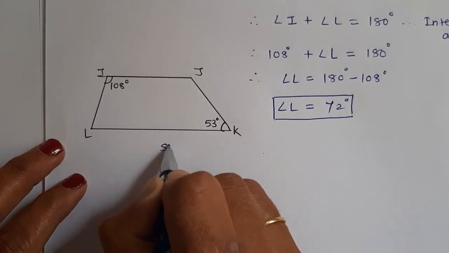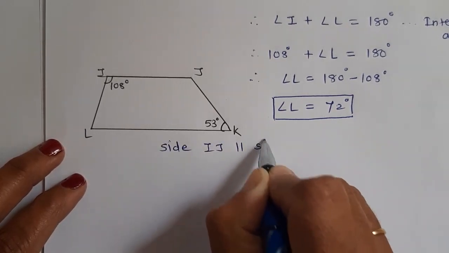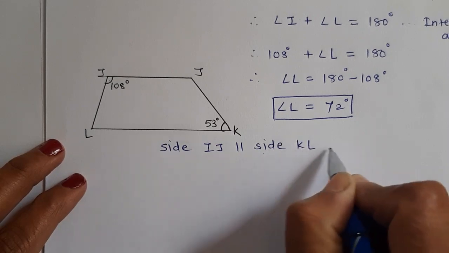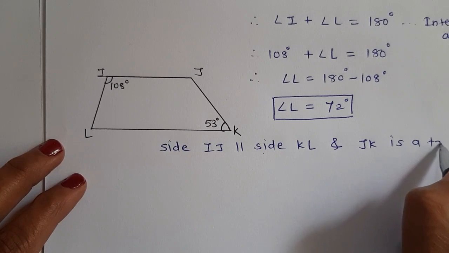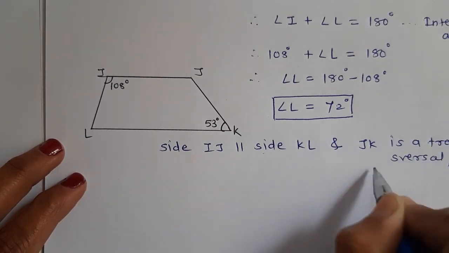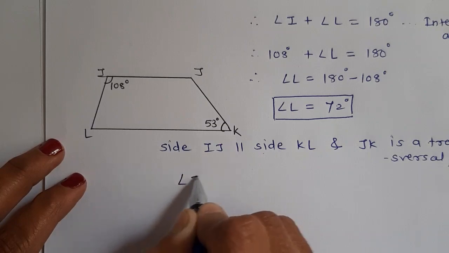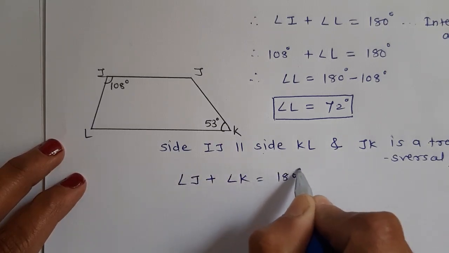In this way we can find the measure of angle J. Now again, side IJ is parallel to side KL and JK is a transversal. Then we get the pair of interior angles, angle J plus angle K equals 180 degrees.